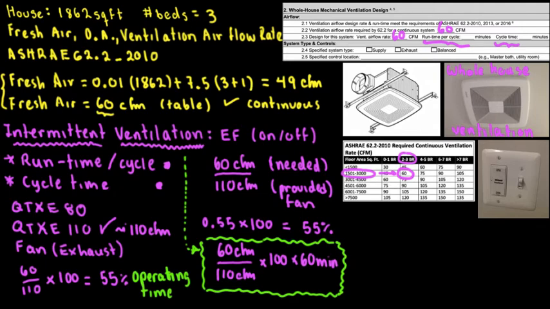Okay. So in order to calculate that, you put 60 CFM divided by 110 times 100, because that's going to give us the percentage of operating time, and 60 minutes means per hour. So we're assuming that the cycle time is every hour, 1 hour or 60 minutes, depending on how you want to call it.